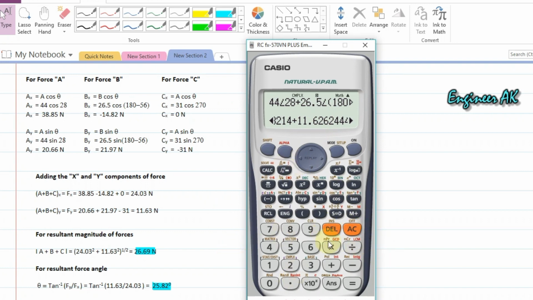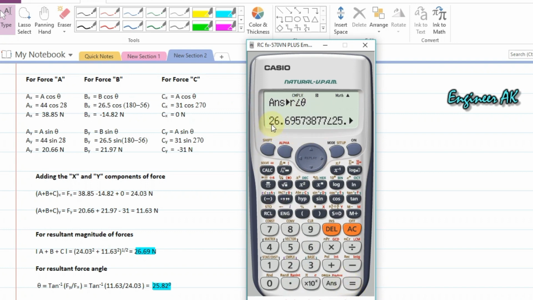After that, you have to press the shift button again, and since you are doing an operation in complex mode, press 2. Here complex mode is written, so press 2. Then select this third option. So here we go.